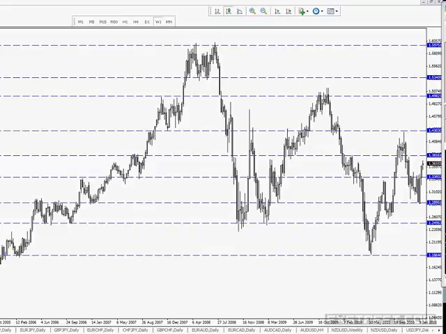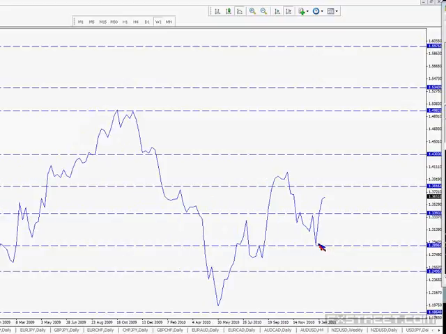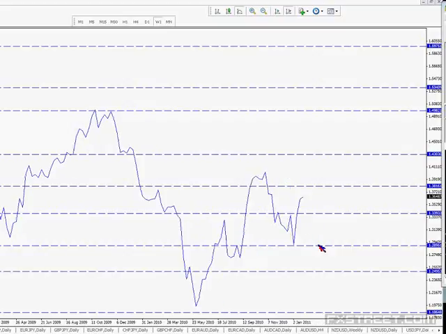What I'll do is I will move to the line chart, and the line chart will help me identify these zones a little bit better. Basically what I'm looking for are those bends in the line, okay? And I want to see touches on both sides of the line. So you can see here from this chart, it's telling us that the Euro has most recently bounced off the 1.2895 zone, or essentially 1.29.